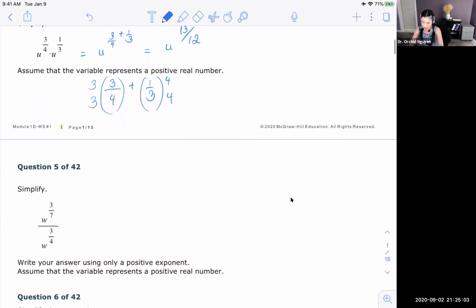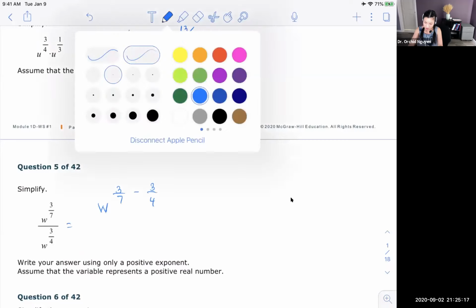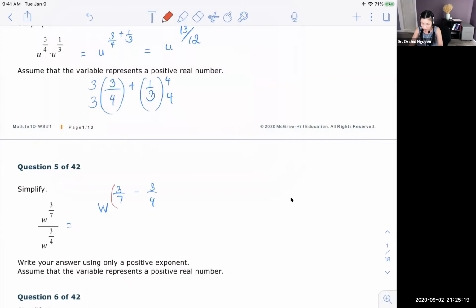Okay, moving on to division, same thing. We have the same rule. It's just that right now we have to work with fractions. So sometimes people get a little bit confused when they work with fractions, but that's okay. We just have to deal with the LCD. So in this case, the LCD is 28. So I'm going to multiply by 4 here.